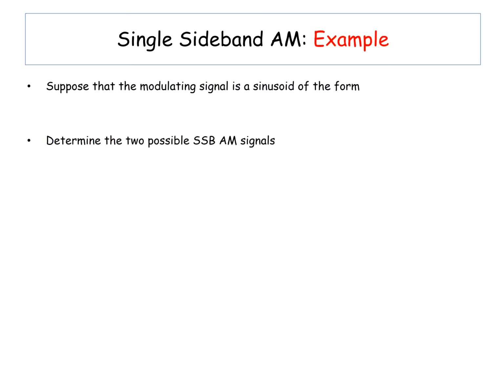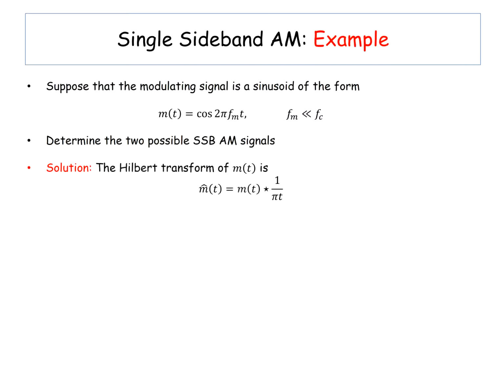An example is given here. The message signal is cosine 2 pi fmt. We need to determine the two possible single sideband AM signals. Let us start with deriving the Hilbert transform of the message signal. Its Fourier transform is given here.